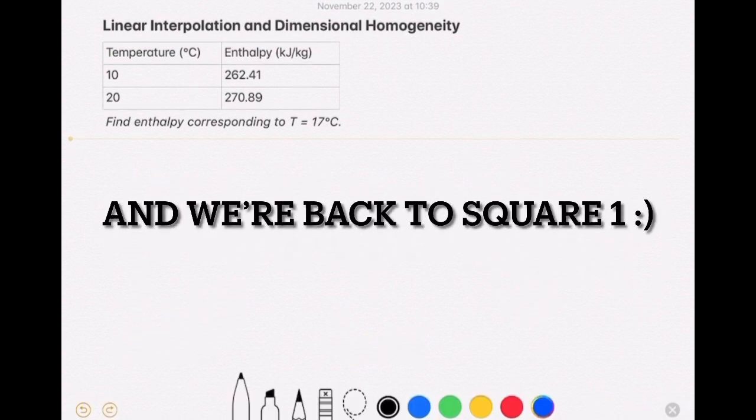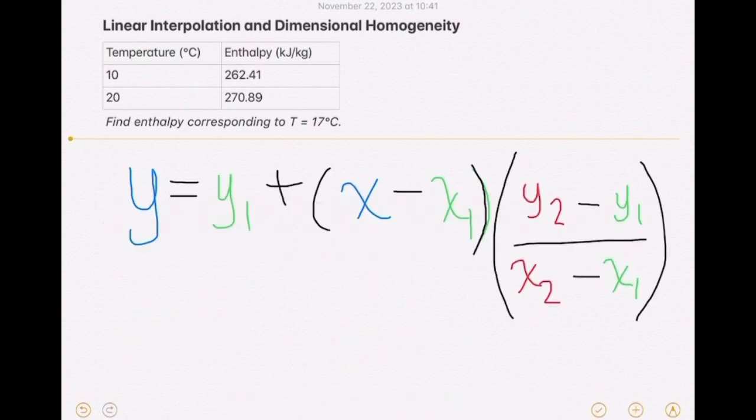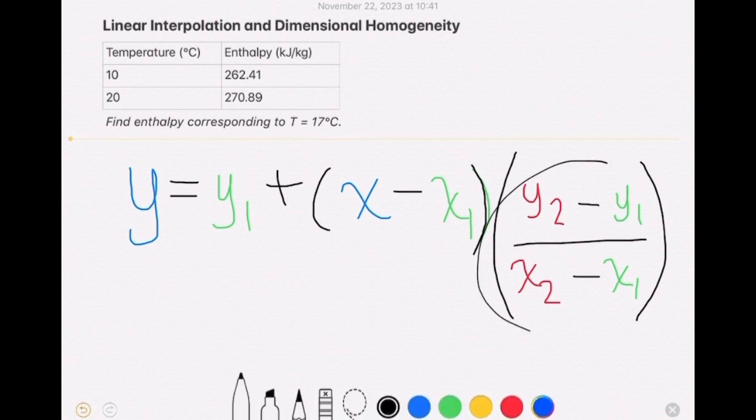We're going to start with the equation for linear interpolation. As I stated, we're estimating something based on a slope. This part right here is actually the equation for slope. This part gives you an approximation of how far off the independent variable for the value you're looking for is from the initial value. Y1 is like a lower limit. Y is our dependent variable, and in this case, Y is going to be enthalpy.